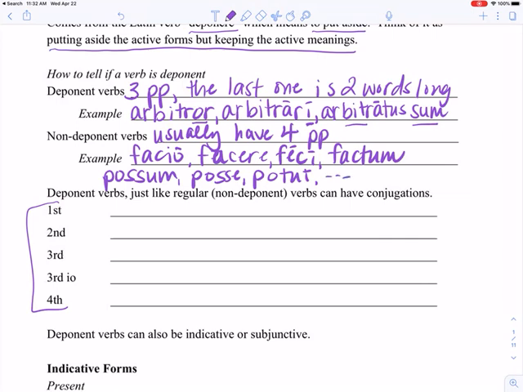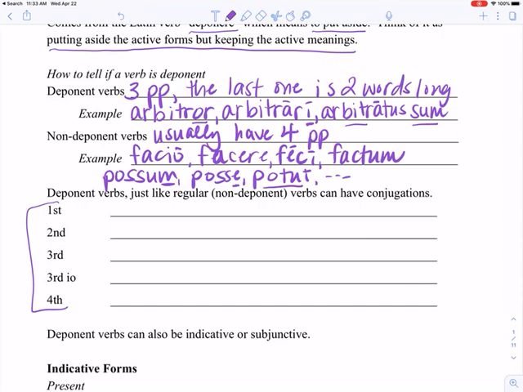Now, it's not deponent. Its first principal part ends in -m. Its second principal part ends in the letter e. Its third principal part is only one word long. So that's how you can tell those apart.